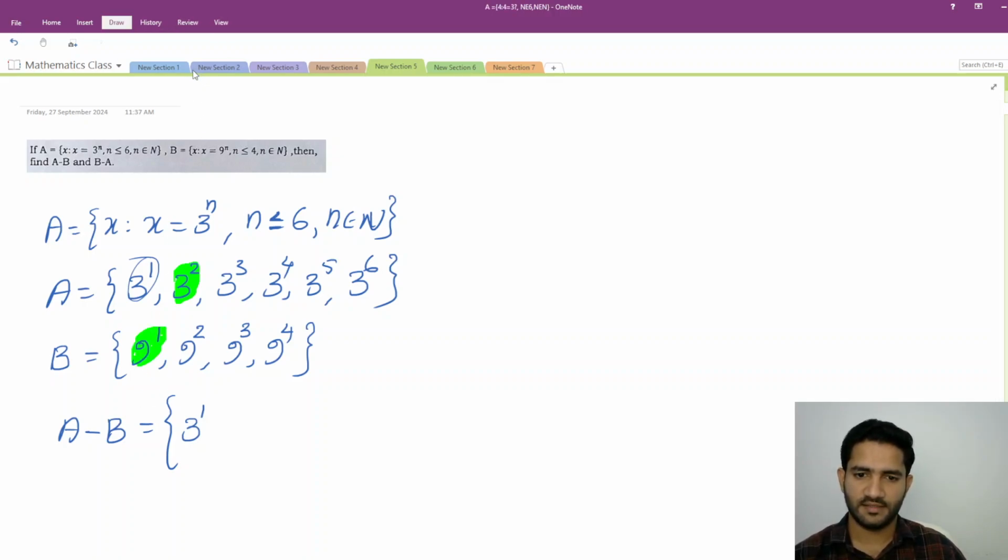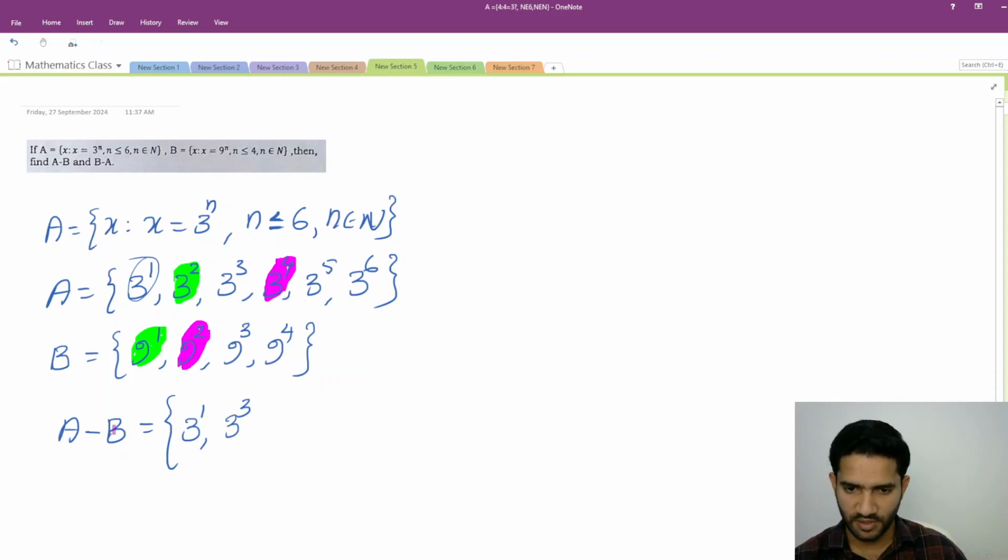And again, 3 cube. 3 cube is not there in B because 3 cube is 27, and 27 is not there. So we can write 3 cube. 3 raised to 4 is 9 square, so it is not possible to write in A minus B. Then 3 raised to 5.